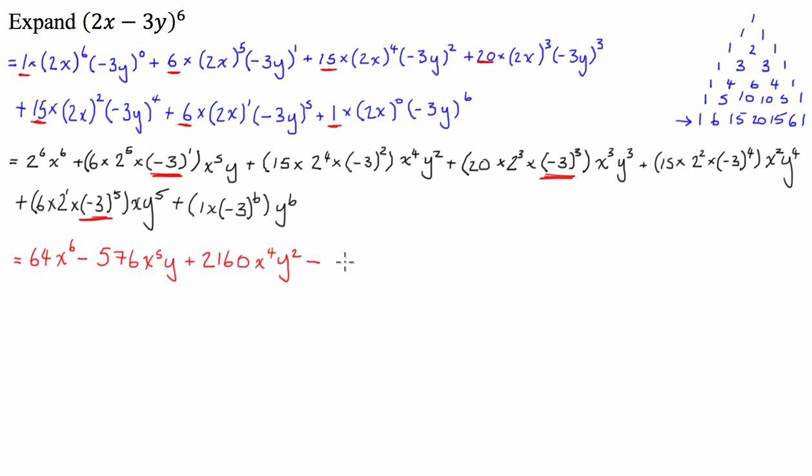So that's going to be 4,320. Then we have 15 times 4 times 81. And that's going to be 4,860.